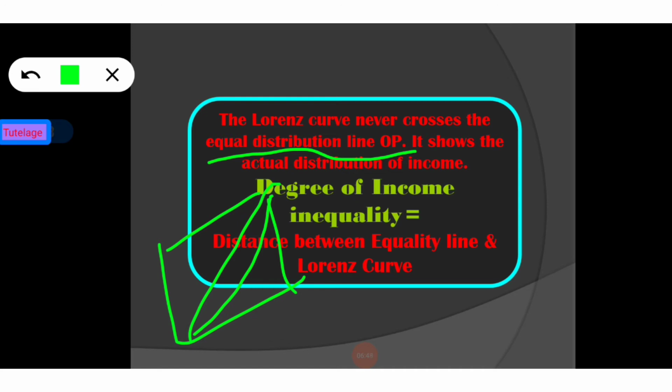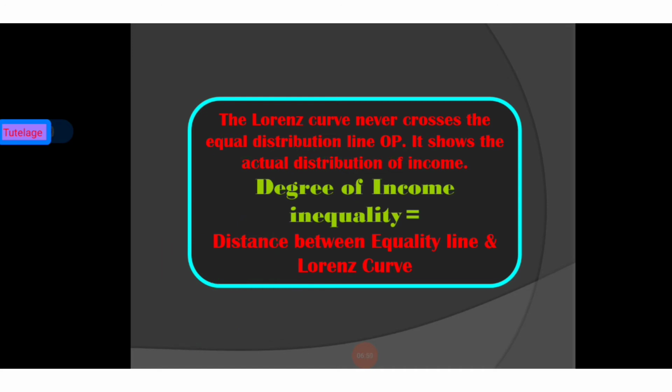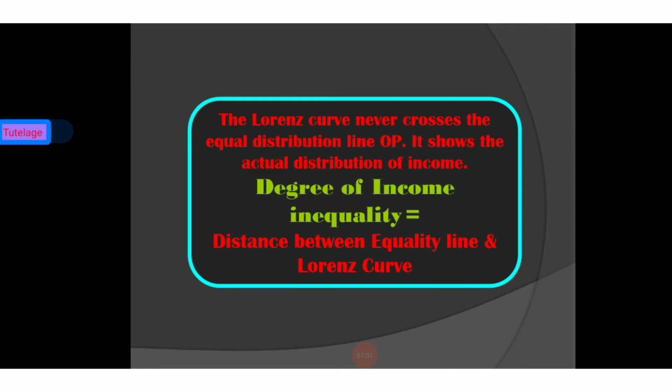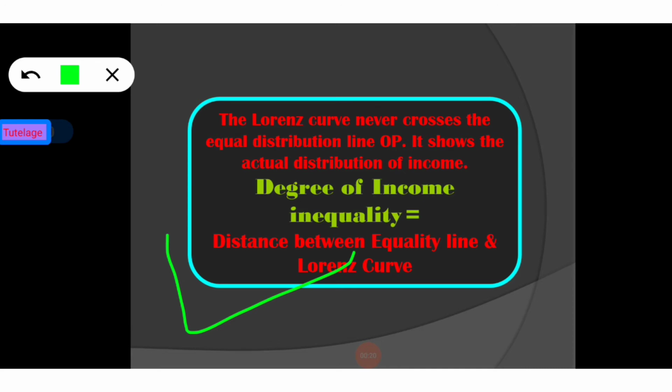The Lorenz curve basically shows the actual distribution of income. So the degree of income inequality indicates the distance between the equality line and the Lorenz curve.